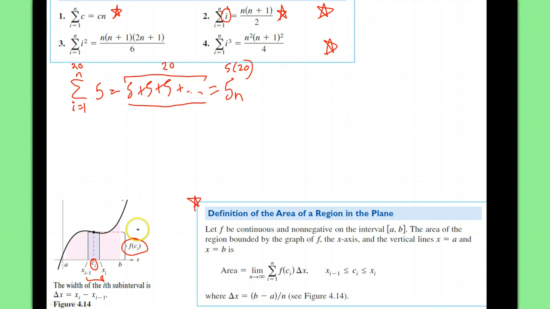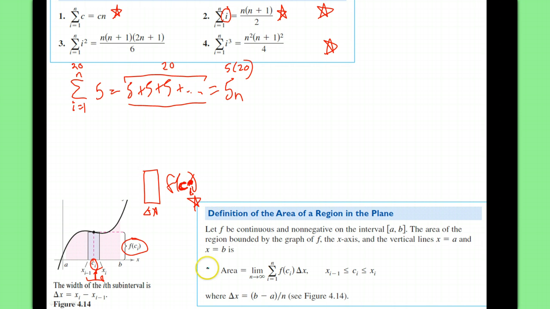Well, what's that width? If I think of this rectangle, my width is delta x, and my height is the function. But the key is it's the function of that one particular rectangle. And so I need to look at that specific one. And so this c sub i is basically saying the ith rectangle, and the x value is going to be c.